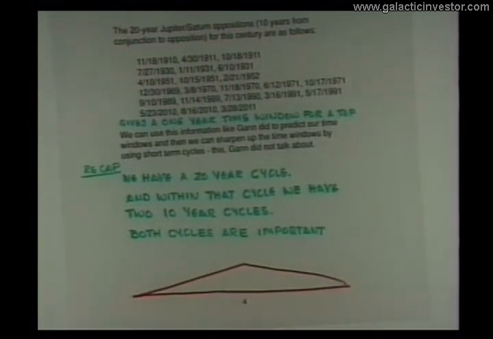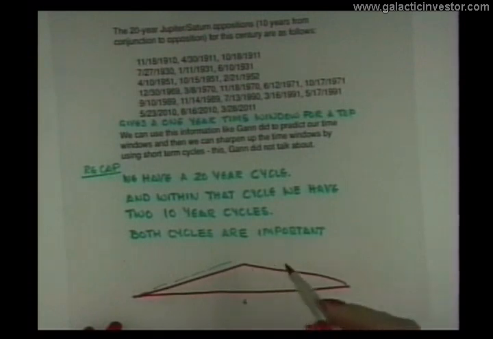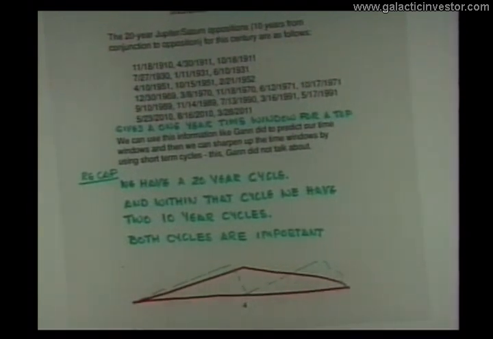Now, within that we also have a 10-year cycle, where the market goes up and comes down, and goes up and comes down. So you have a 10-year cycle within a 20-year cycle.